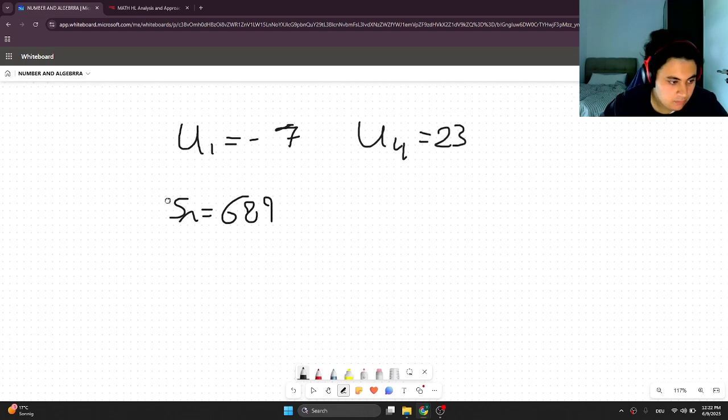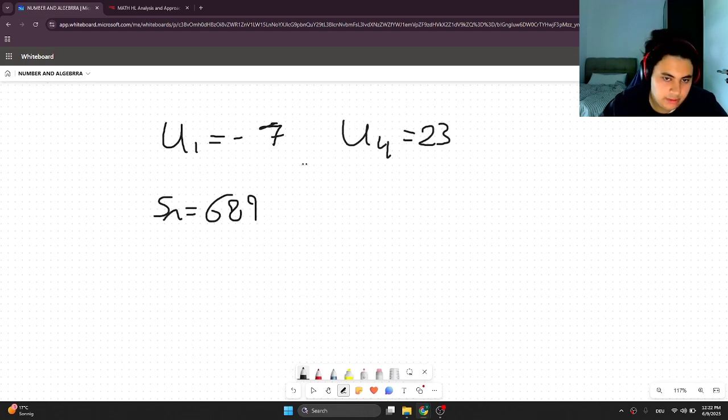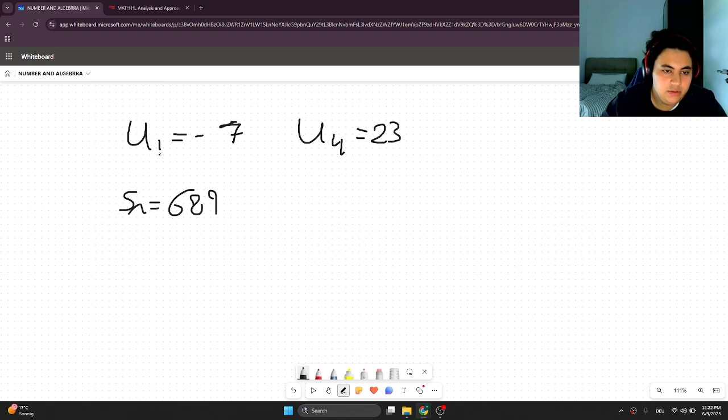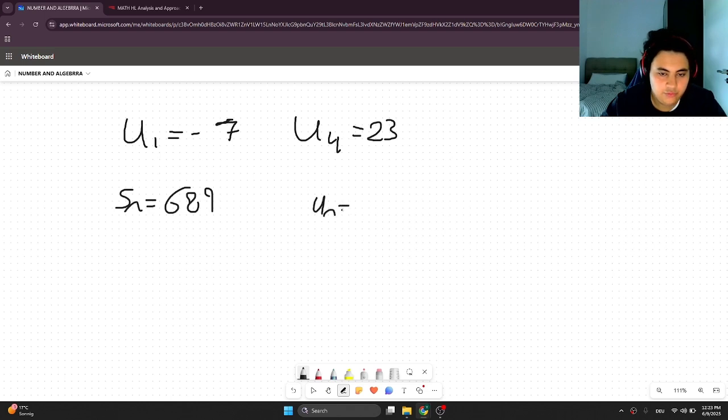So we have u1, but we don't have un, the final term. We're going to need to find the common difference, but we can do that because we have u1 and u4. We can plug them into our formula: un is equal to u1 plus n minus 1 times d.